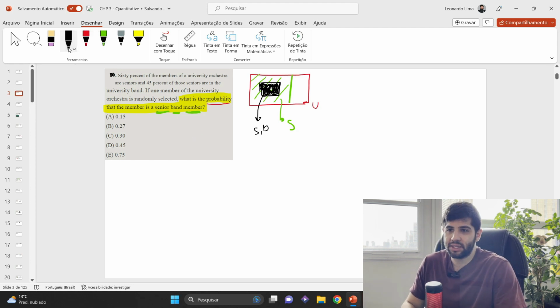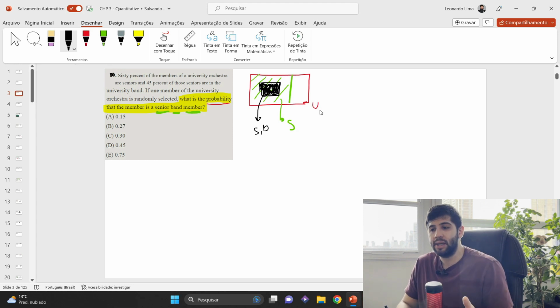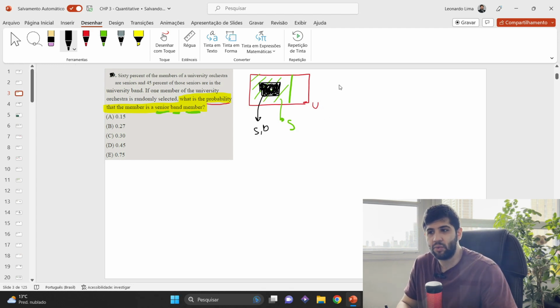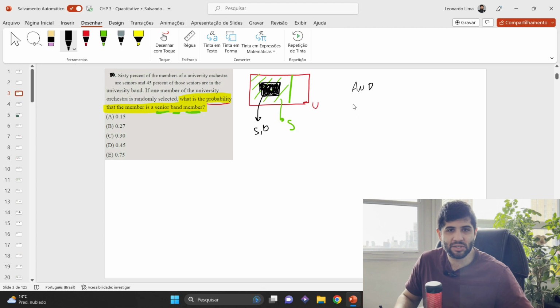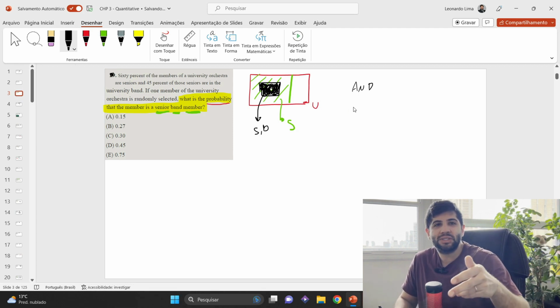And the question here asks us to randomly select someone, and this person should be both senior and from a band. So we have an "and" in this case. When we have this type of question and we have "and," we need to select seniors and senior band members, blue and yellow, girls and men.